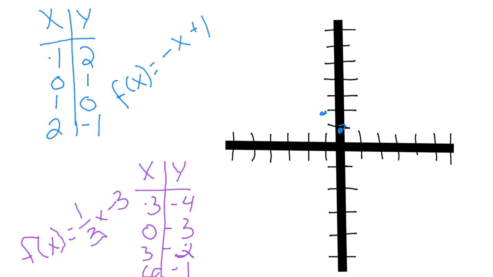Please see how this creates a line. If one of these was not in a linear pattern, then one of your points is incorrect in your table. Since it is correct, though, we're going to go ahead and draw a line through each of these points. Please make sure to extend your line through the whole entire coordinate plane, as well as put arrows on the end.